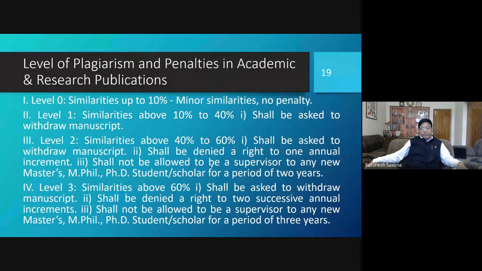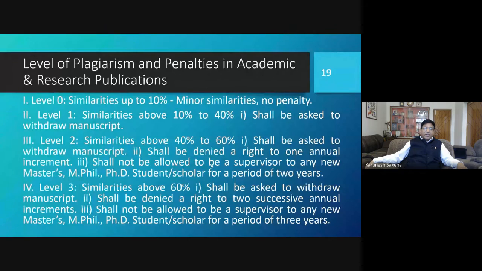And also you can be debarred for 2 years from becoming supervisor or guide for master's, MPhil, PhD student. Nowadays, in the new education policy, MPhil has been discontinued, so no problem.